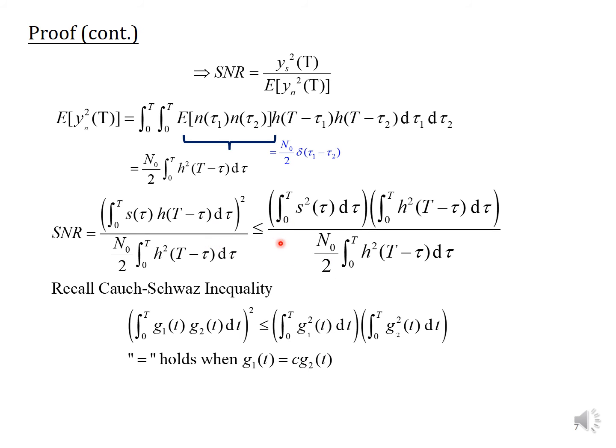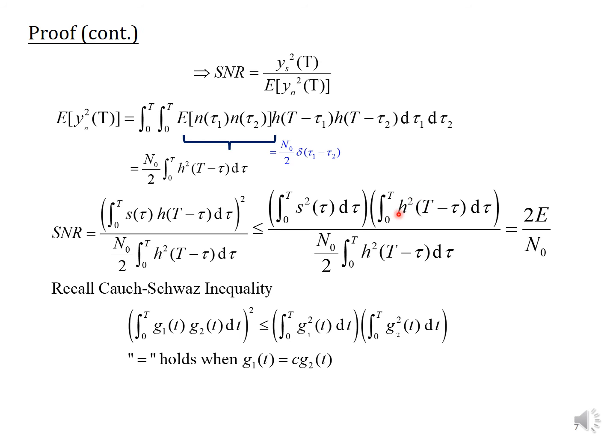So we have this signal to noise ratio would be less than this formulation. And here this term and this term are equal, so we will cancel out these two terms.